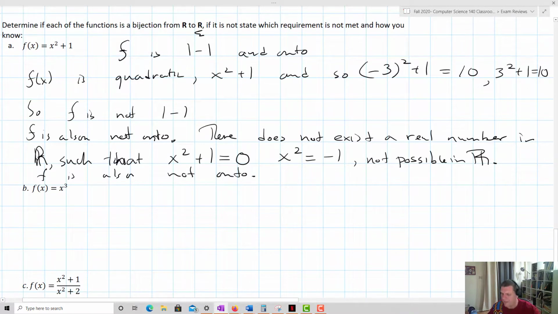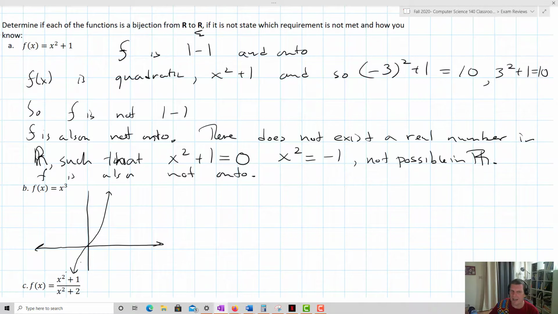Let's consider f of x equals x cubed. If we think about what the x cubed function looks like, there are no restrictions on its domain, and we can get all the negative values and all the positive values. Furthermore, it doesn't have any bumps or issues, so it passes the horizontal line test as a curve in the Euclidean plane.